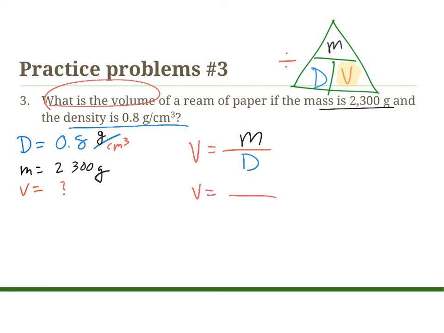I'm going to take my mass, which is 2,300 grams, and the density, which is 0.8 grams per centimeters cubed. When I plug that into my calculator, I get a volume of 2,875 centimeters cubed. So this would be my formula for when I solve for volume.